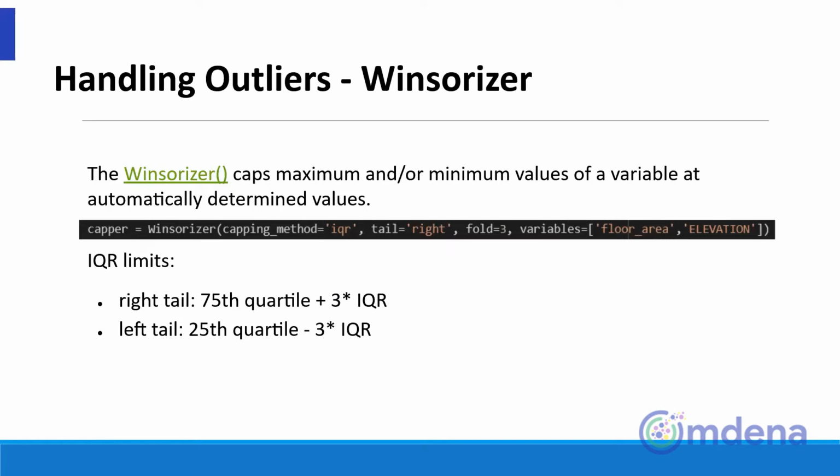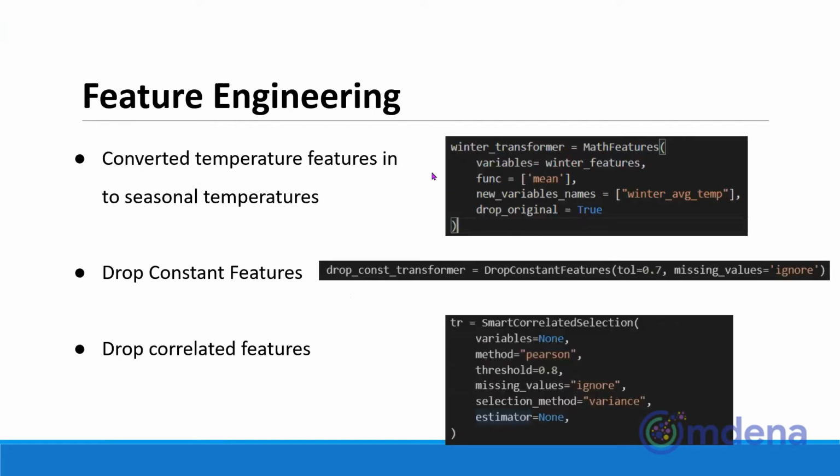Okay. And for feature engineering, as I said, I converted the temperature features into seasonal temperatures. For that also, I used a function from the Feature-engine library. The math features, in which if we give the column names and the functionality, like add or subtract or division, we can do everything.